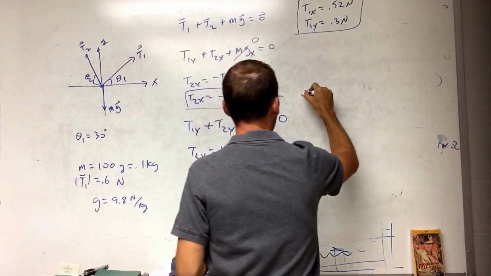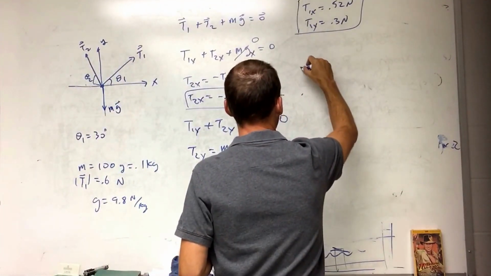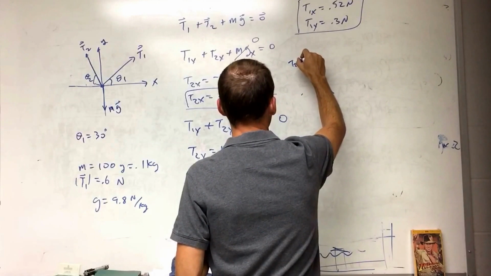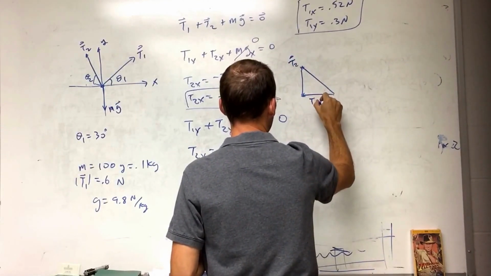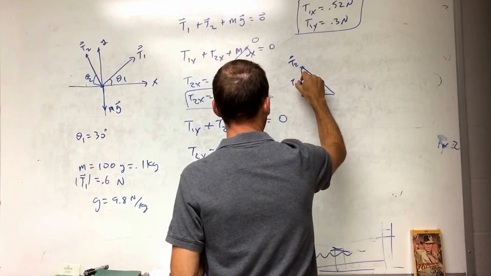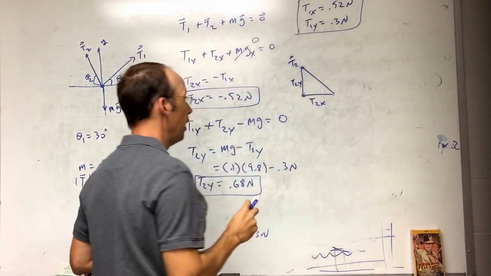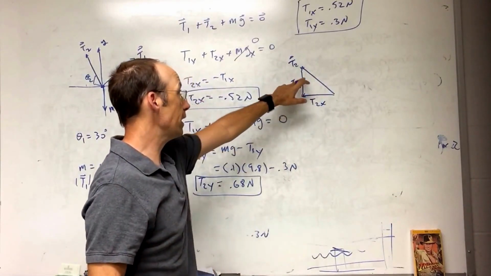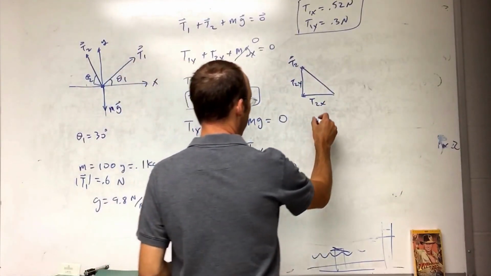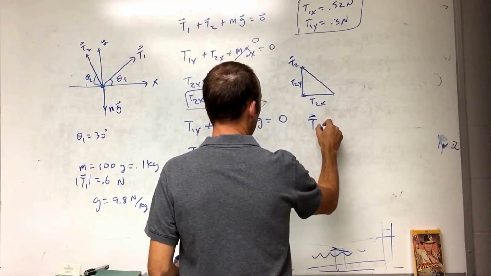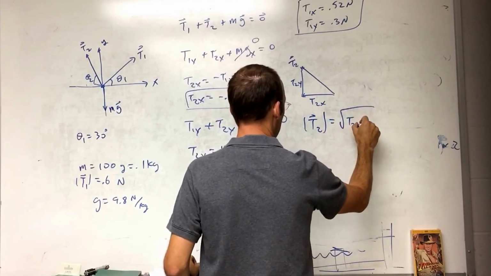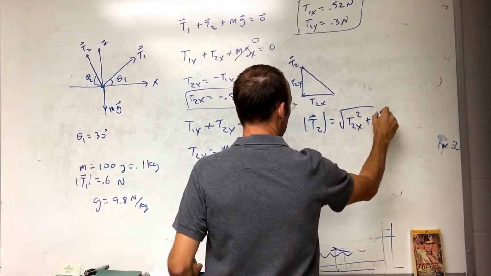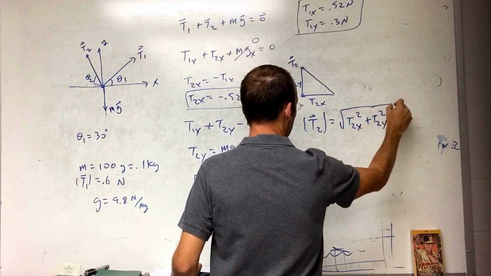So if I look at this like this, here is T2 total. This is T2x, T2y. Since it's a right triangle, if I know the two sides, I can find the hypotenuse using the Pythagorean theorem. So T2 magnitude is going to be the square root of T2x squared plus T2y squared.